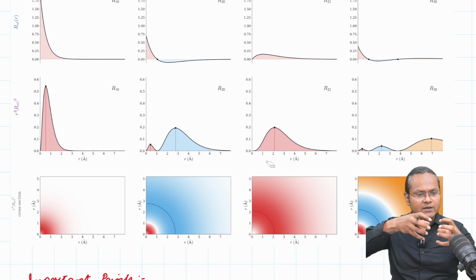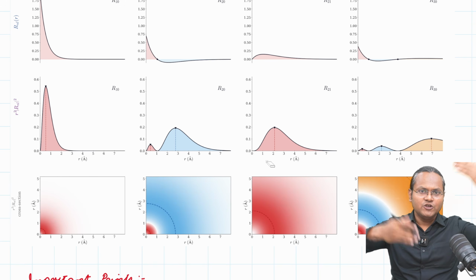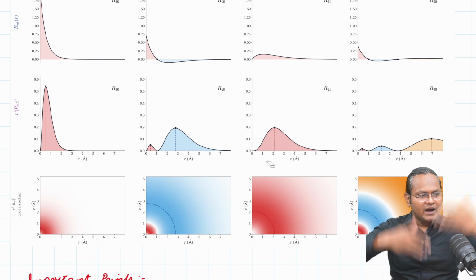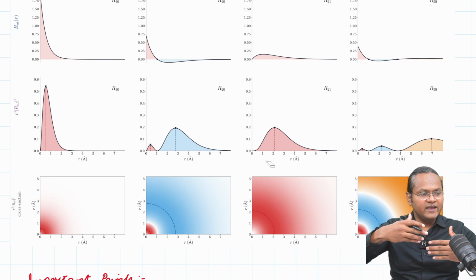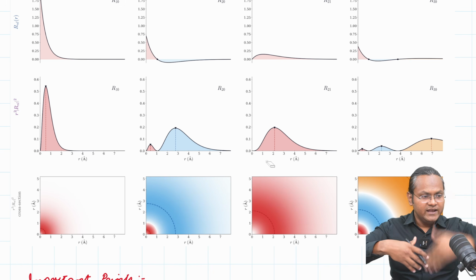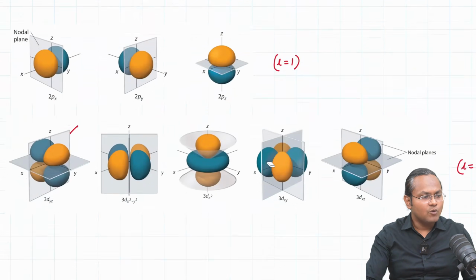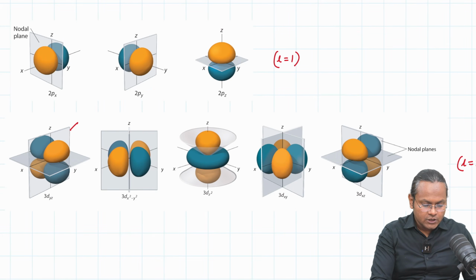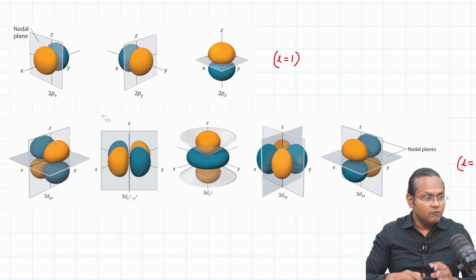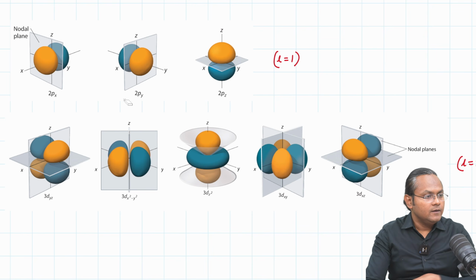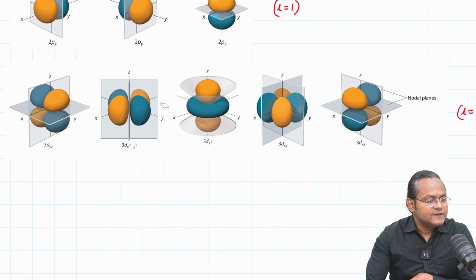In 3D, it's a little bit difficult to visualize unless you have a cross section. So I'm going to combine these diagrams in a 2D plane, the radial probability distribution and the spherical harmonics probability distributions to get the overall shape, which looks something like this.